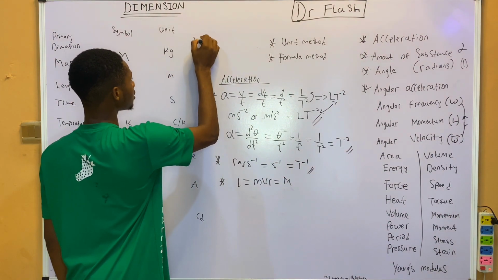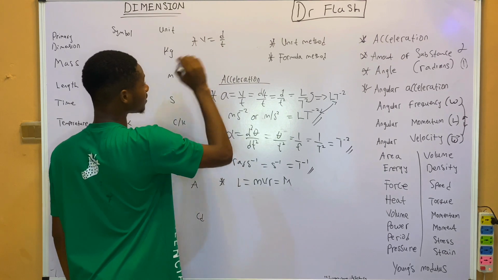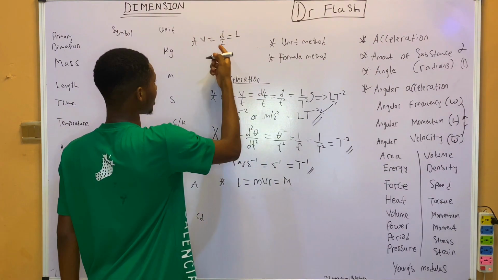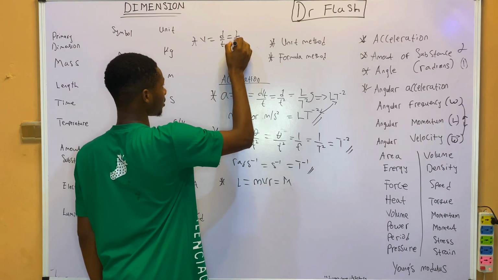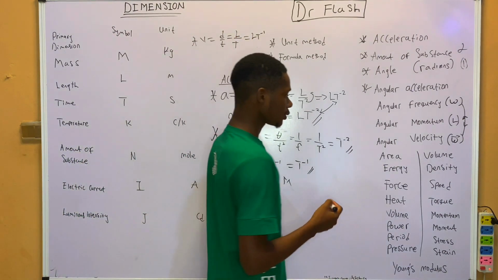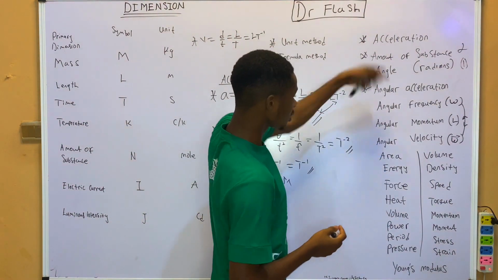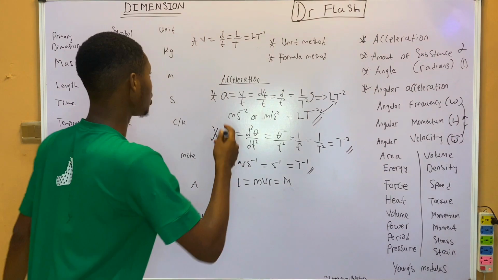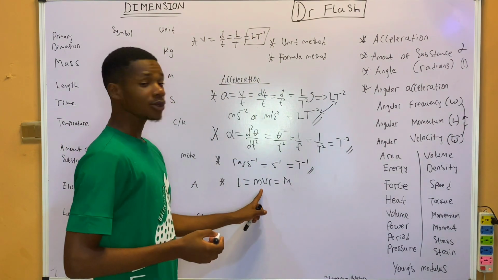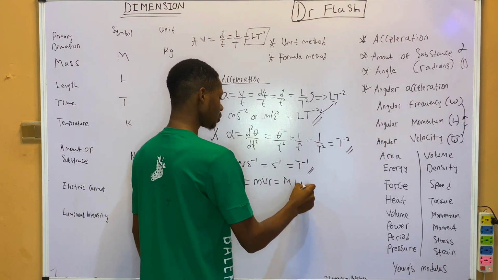Velocity is equal to displacement over time, and the dimension for displacement is L because displacement is same as distance, and the dimension for time is capital letter T. So that gives us LT minus 1. Velocity is not among the ones I listed on the board, but here we have it. Velocity is LT minus 1. So I'm going to replace V with LT minus 1.